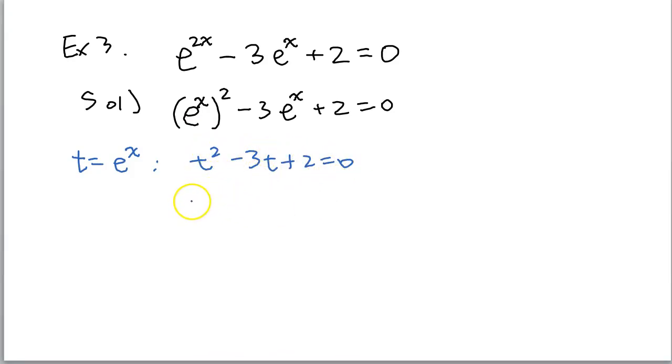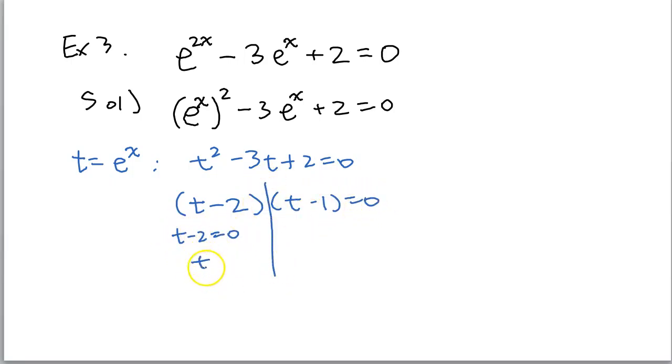Now this is a simple equation that you can factor as t minus 2 times t minus 1, and therefore when you set t minus 2 equal to 0, you get t equals 2, whereas t minus 1 equal to 0 gives you t equals 1. But wait, this is not what we are asking for. We are trying to find the x value, not the t value.